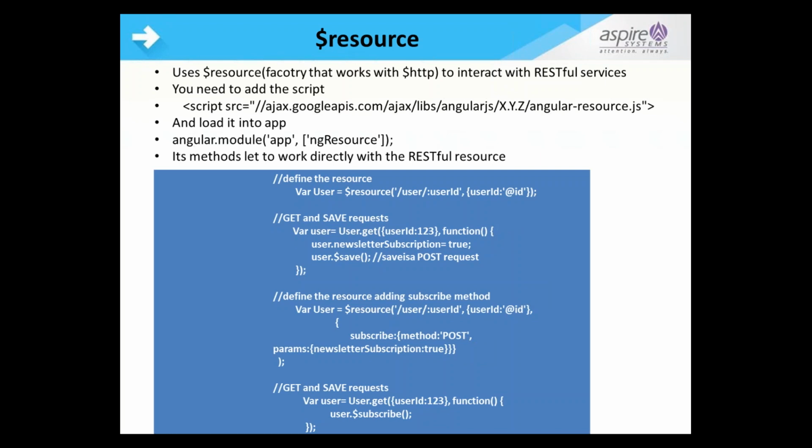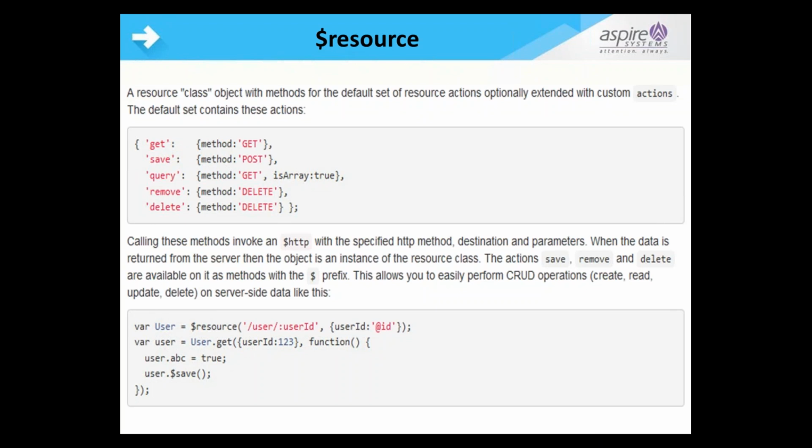Just remember, if you want to use $resource, you have to include this JS file in your index.html file. An example is given here. If I am passing a user ID, I will get a user object. After getting the user, I just want to modify one or two properties and save it again.